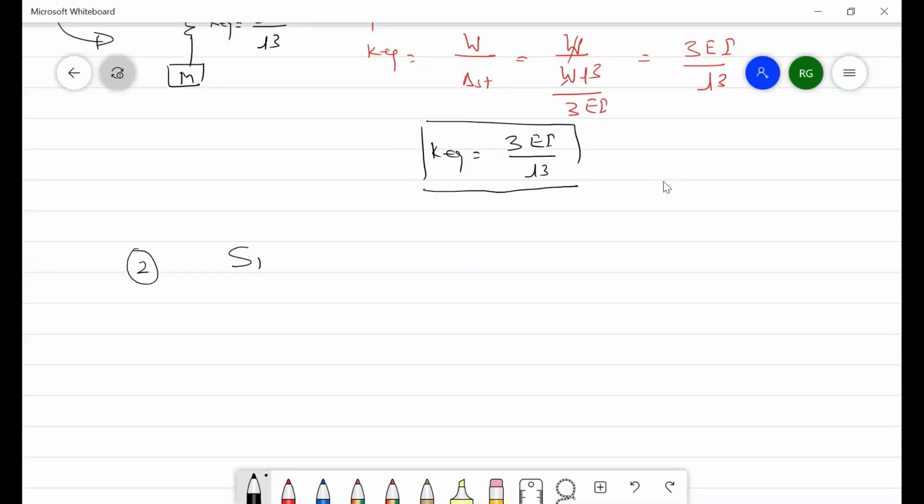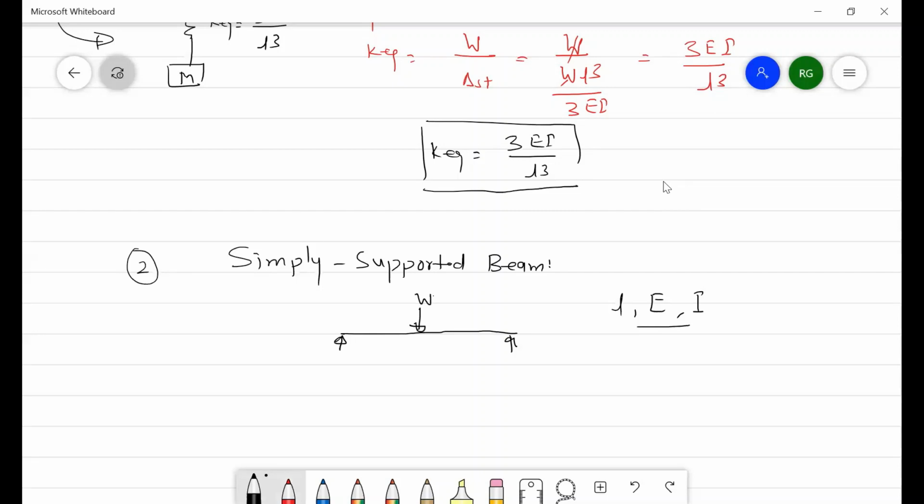So the second is the simply supported beam. We consider a simply supported beam of length L, Young's modulus E, and area moment of inertia I. If we apply a force F or W at the mid span of this beam, it will deflect like this.